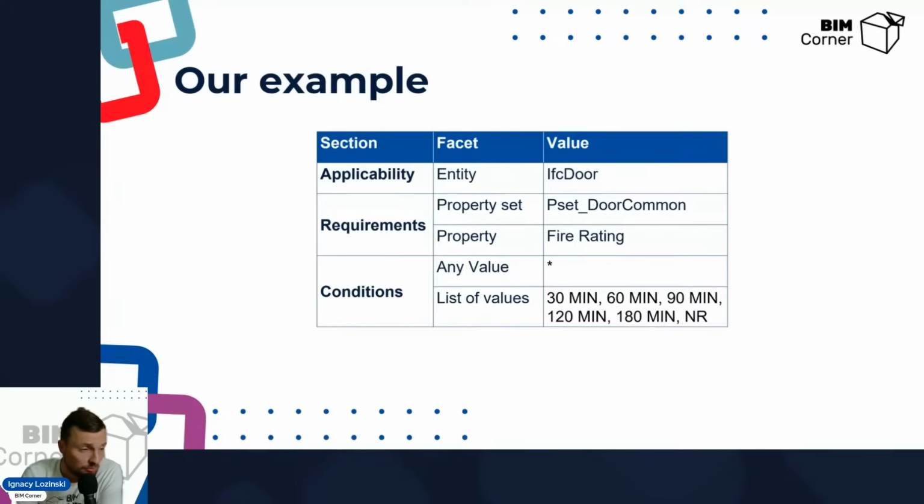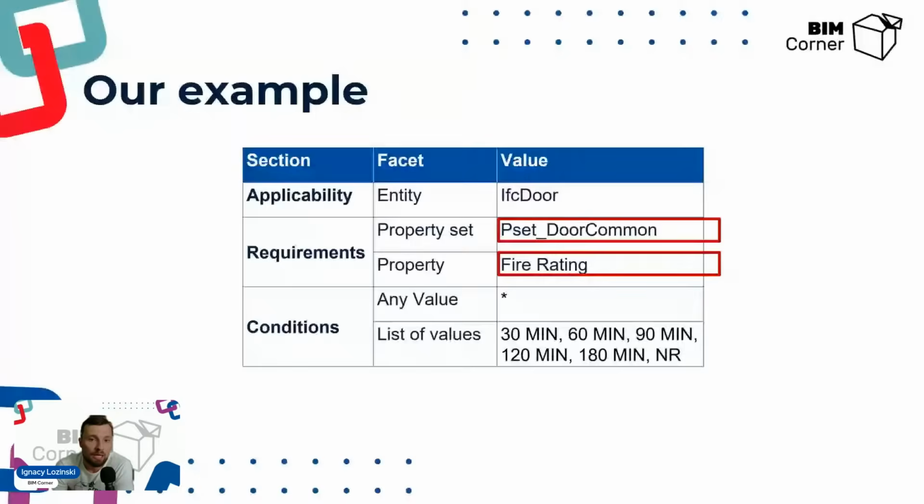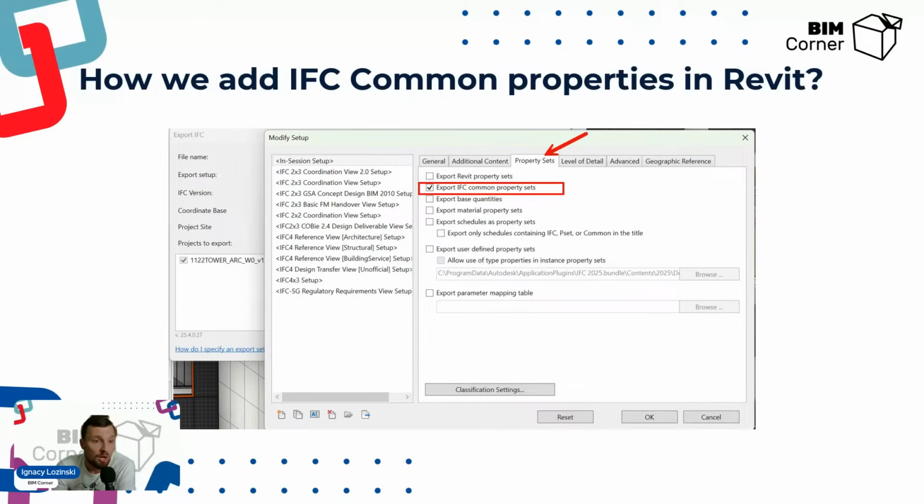So in our example, let's come back to the example from Conrad. We need to check the fire rating property that is stored in the door common property set, which is a part of the IFC common property sets. To control what properties will be exported to IFC, there is a Property Sets tab in the Exporter, as you can see here.